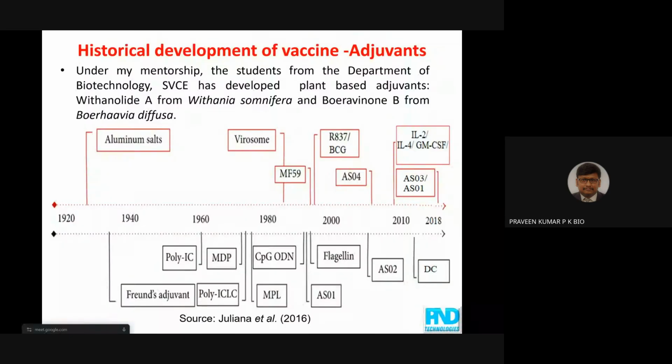I also mentioned the vaccine adjuvants. In my research lab, for the past 15 years, we have been working on the development of vaccine adjuvants. Myself, I worked with IL-2, IL-4, GM-CSF, AH03, and dendritic cells as adjuvants. Presently, my startup is synthesizing around 26 different secondary metabolites from 6 Indian medicinal plants.